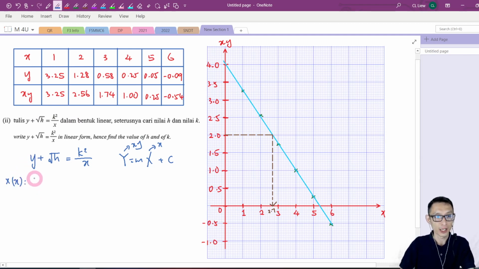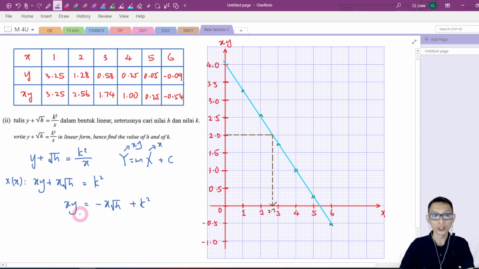Okay, now I get xy over here, and this is x square root of h, and this is k squared. Now I got xy. So next, I'm going to move this to the other side. So xy is equal to negative x times square root of h plus k squared.